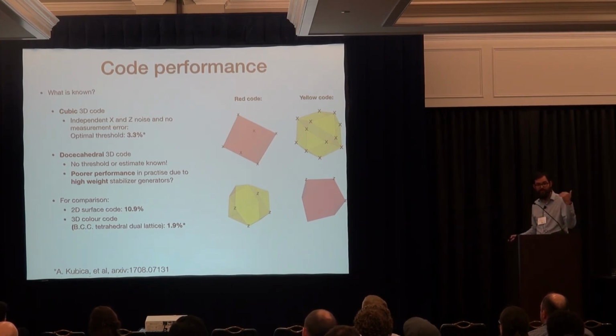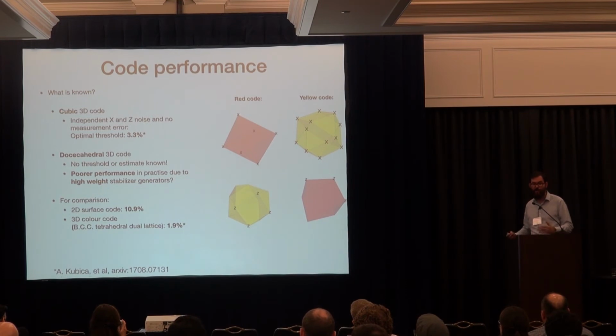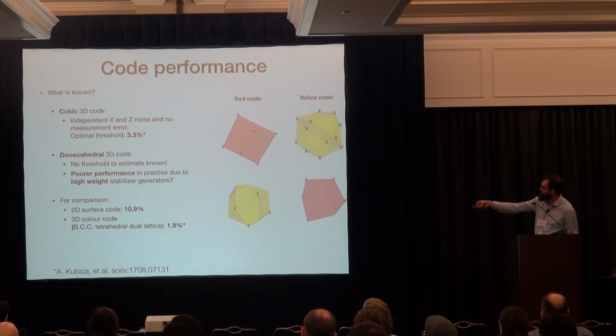So 3%, that's for the string-like errors, which will have a lower threshold. So that's the threshold we want to talk about. For comparison, you see that's a factor of 3 below the equivalent threshold for the 2D code, and it's higher than for the 3D color code, but it's sort of a similar order of magnitude.